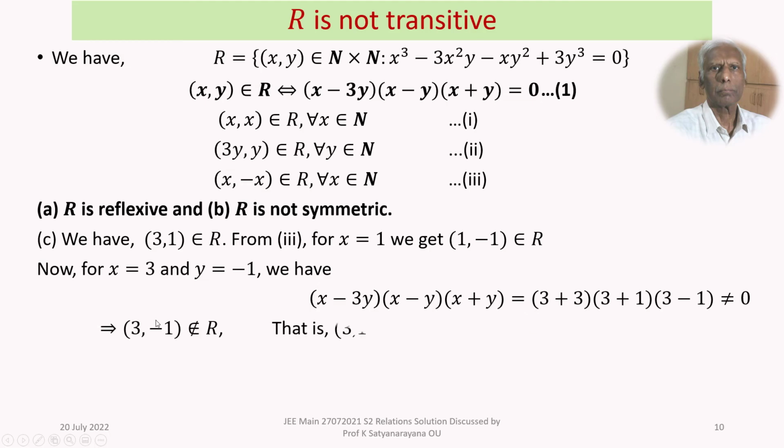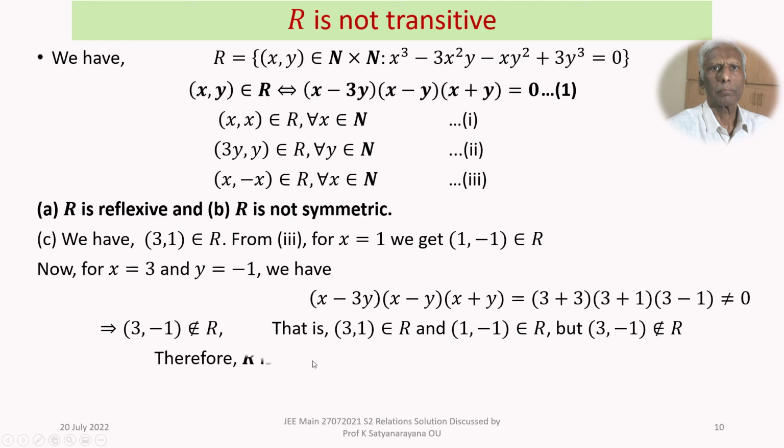Therefore, (3, minus 1) does not belong to R, even though (3, 1) belongs to R and (1, minus 1) belongs to R. Thus, the transitivity has failed. Therefore, R is not transitive.